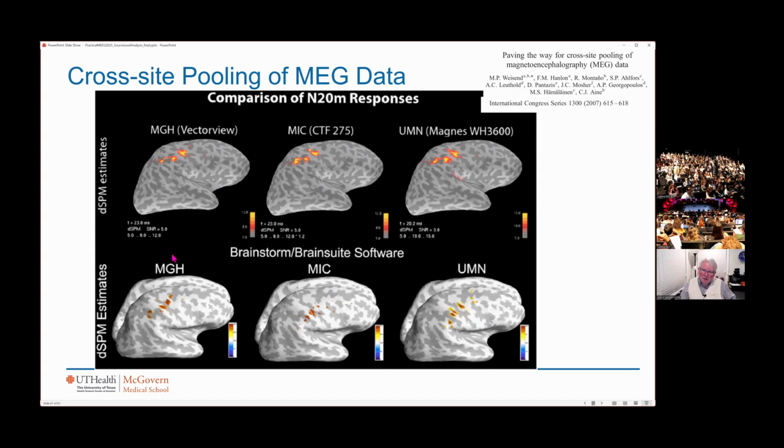We noticed there's a bit of an angle difference here, but a bit of a shift in the answers. We found we had a little bit of difference in the way we were deciding what the coordinate systems were, but indeed it was at that time that Brainstorm and MNE were on joint grants for the next 8 years. We had the exact same grant to bring our two packages together. And so we published this data also.